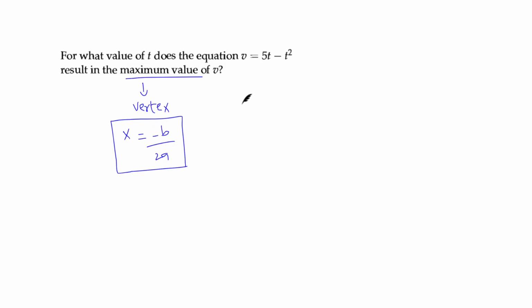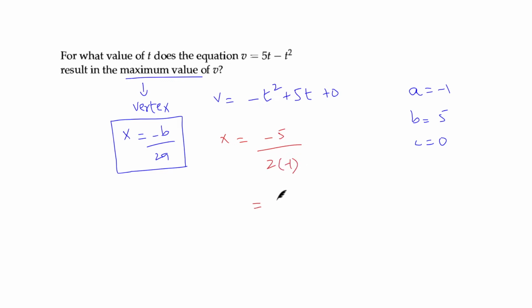So let's just plug in the values. Let's rearrange this first. Minus t square plus 5t plus 0 is basically our equation. So our a is minus 1, b is 5, we don't even need c, but c equals 0. So if we apply this formula, we have x equals minus b over 2a, which is minus 5 over 2 into minus 1.